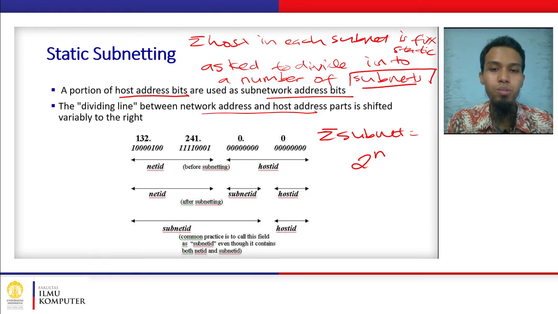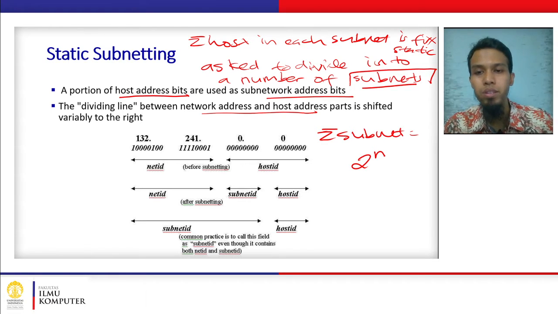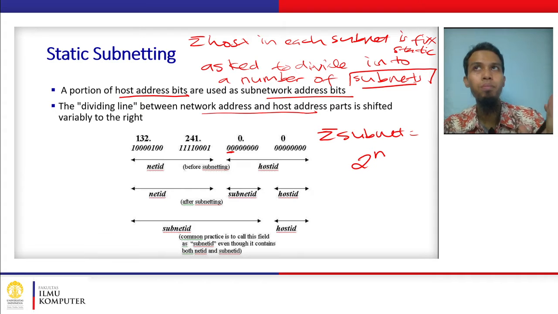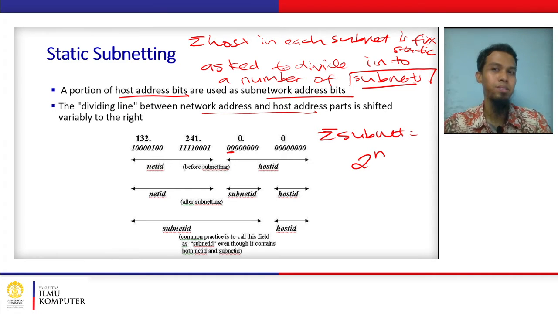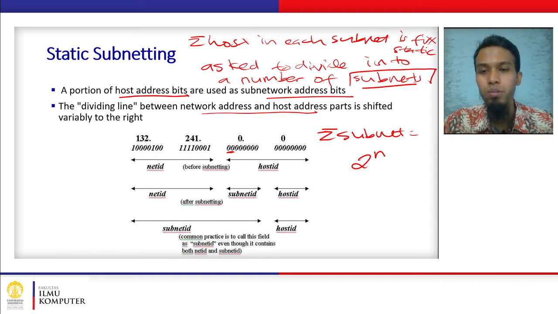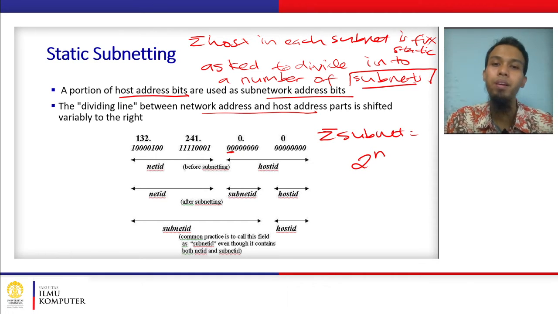N is 2, so we take 2 bits from the highest bits in the host ID. These 2 bits will be allocated as the subnet ID later.